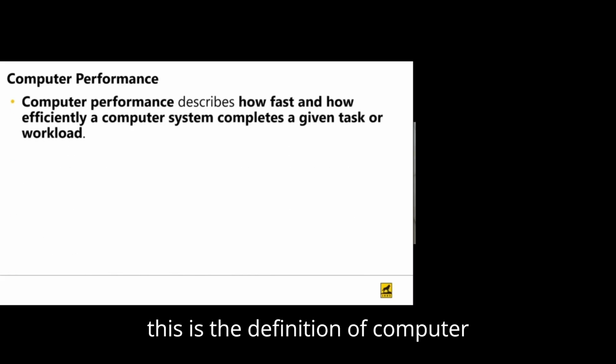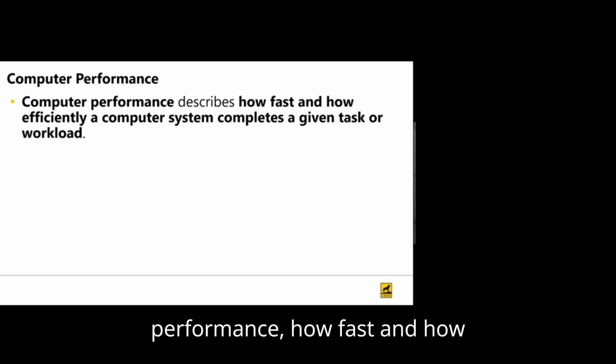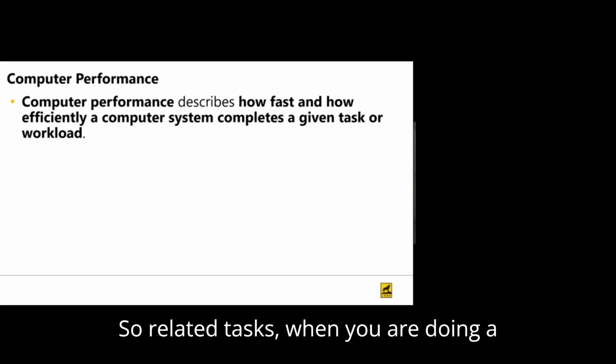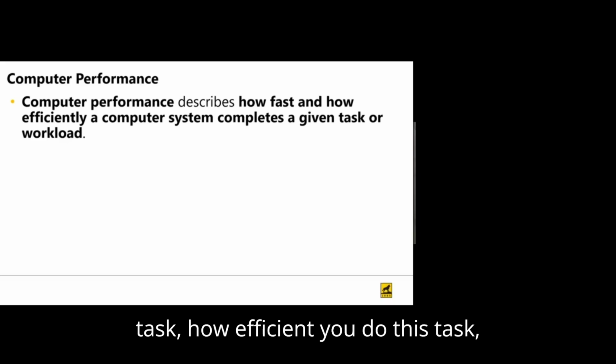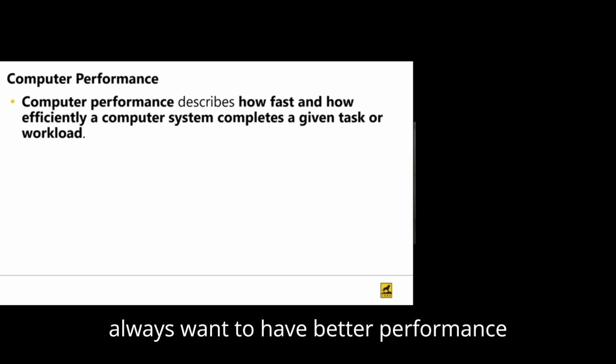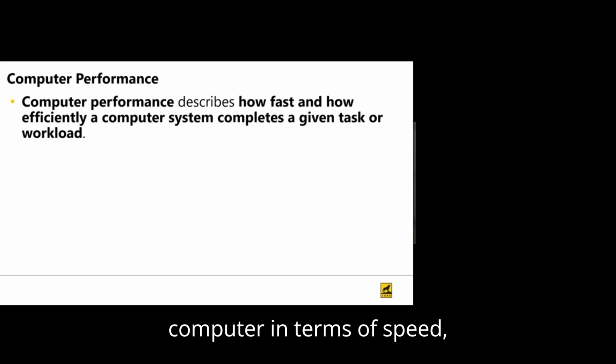This is the definition of computer performance: how fast and how efficiently a computer system can complete a task. When you are doing a task, if you do it better, your performance is higher. So we always want a better performing computer in terms of speed, power, security, and reliability.